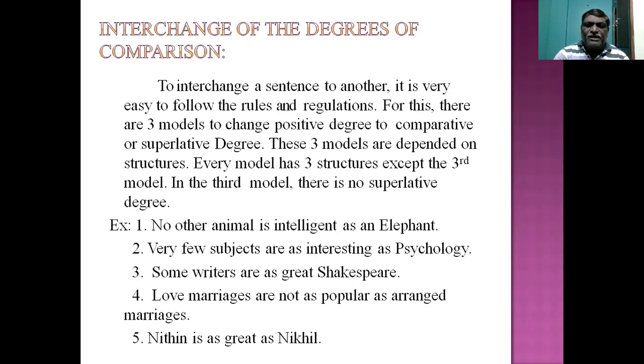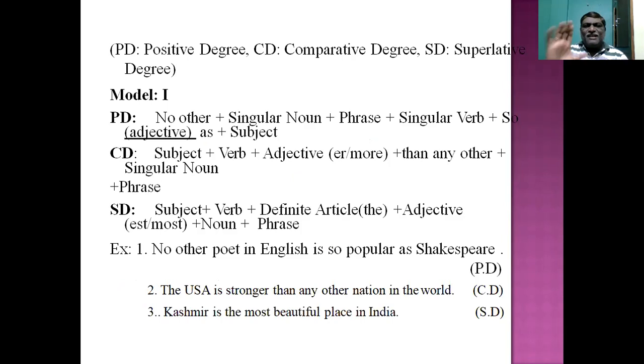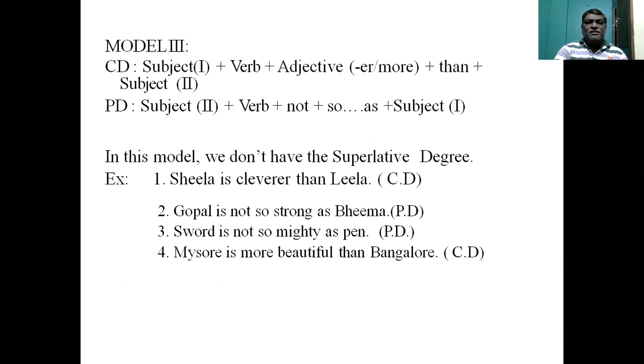Well, before going for that, let us just take different models. I'll come to this later. First, let us go to how to change a positive degree into comparative degree, in which first I want to show you this model. Though it is known as model 3, actually it is model 1.